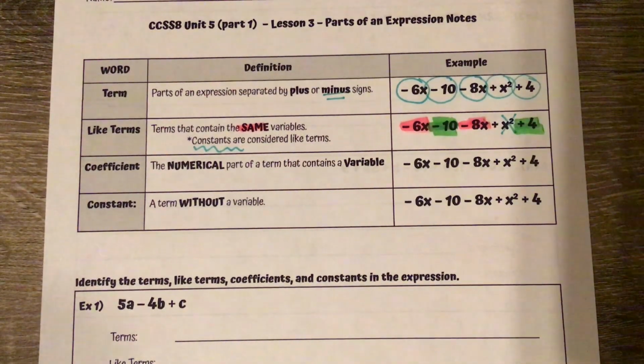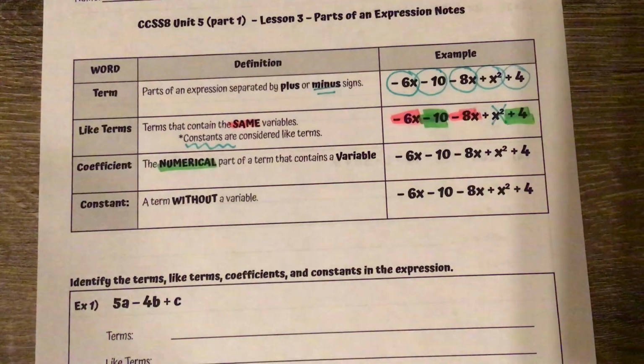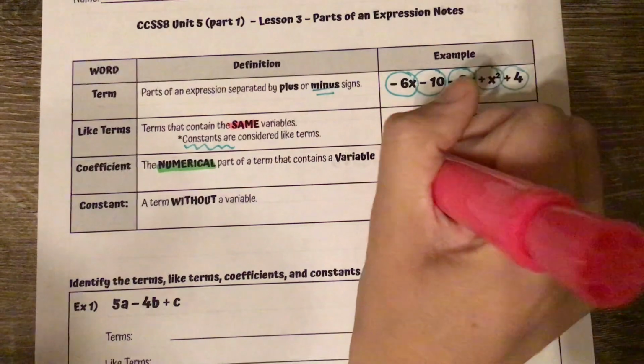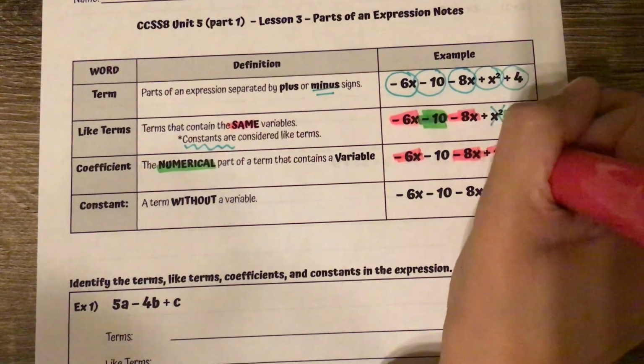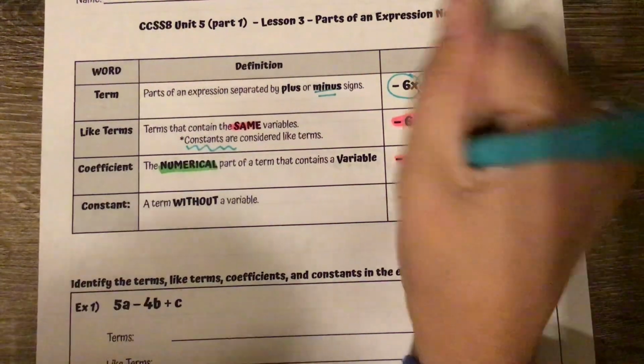Coefficient is the numerical part of a term that contains a variable. So I'm looking at all of my terms that contain variables. We've got -6x, we've got -8x, and we have 8x. All of those include variables. So it's the number that goes with it.